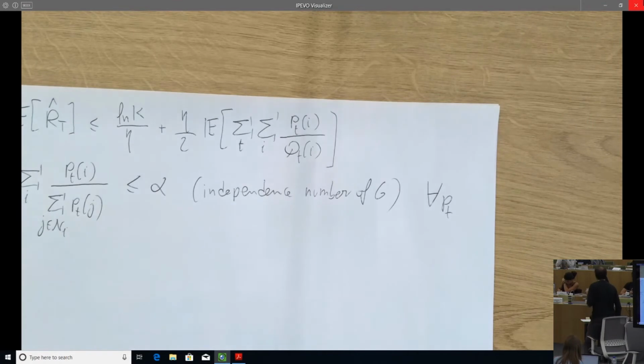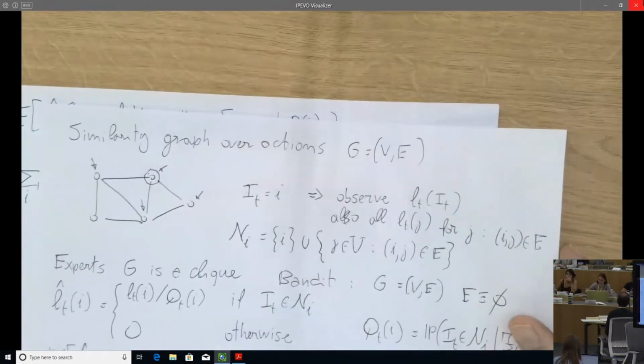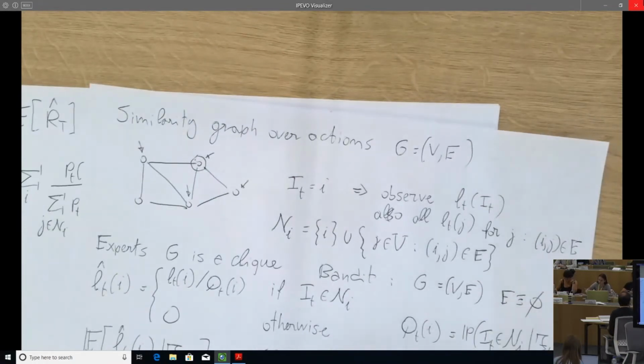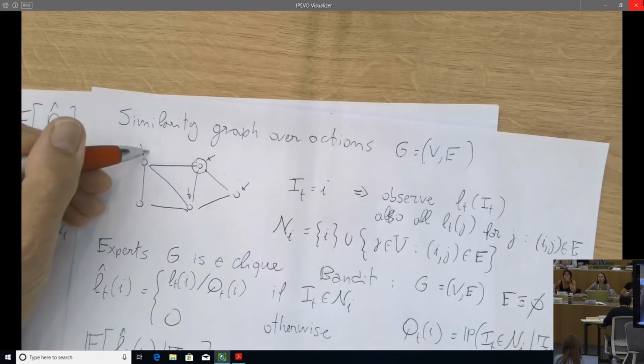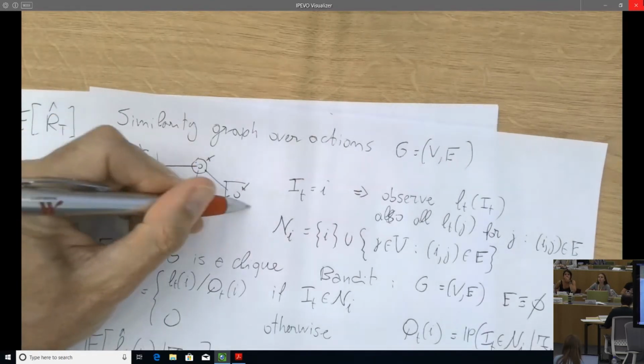You guys know what the independence number of a graph is? The independence number of the graph is the largest subset of vertices that are pairwise non-adjacent. For instance, in this case, I never computed it, but it's got to be 2, because I can definitely pick 2 vertices that are not adjacent.